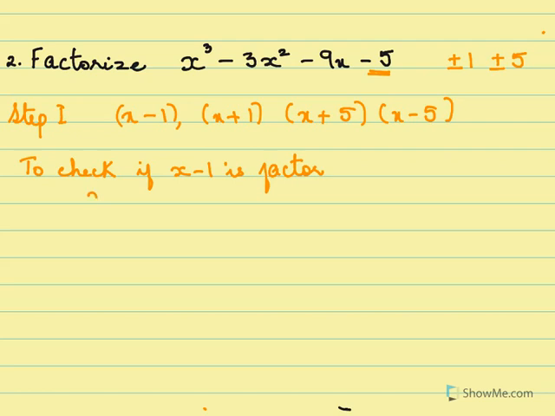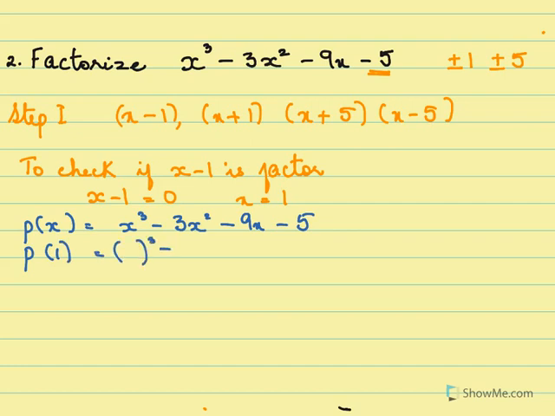So to check if x minus 1 is a factor, we set x minus 1 equal to 0, so x equals 1. P of x is equal to x cube minus 3x square minus 9x minus 5. So P of 1 equals 1 cube minus 3x square minus 9x minus 5.